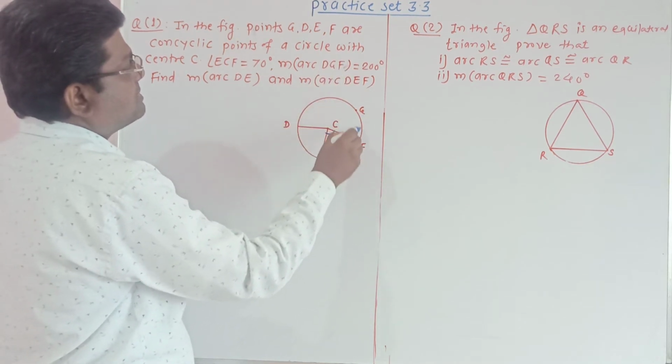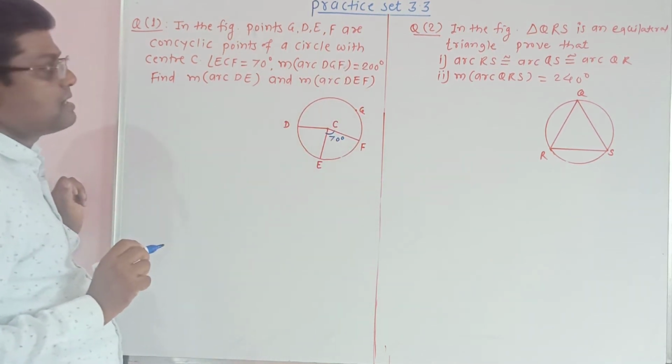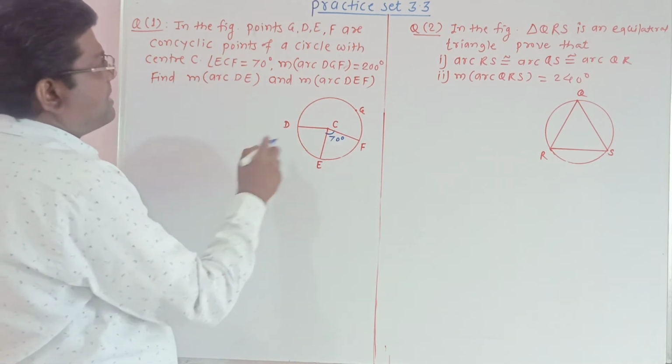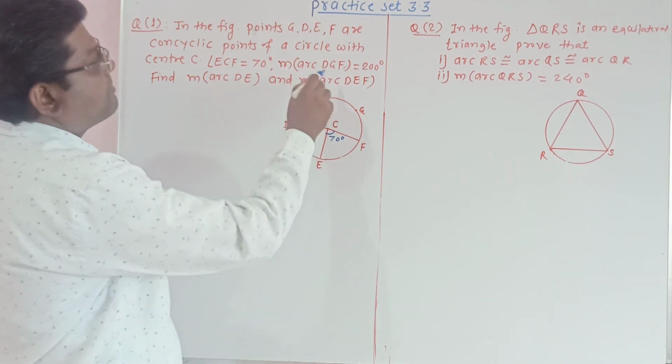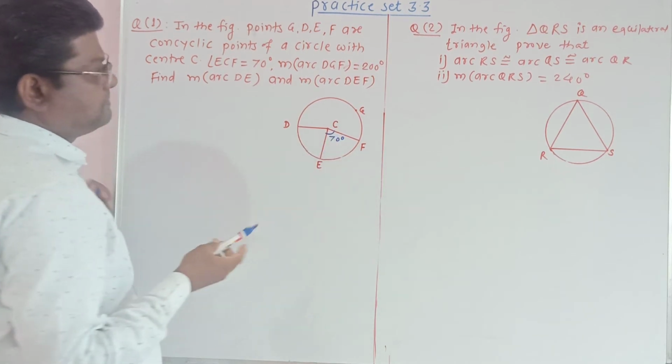Measure of arc DGF is equal to 200 degrees. Find the measure of arc DE and the measure of arc DEF.